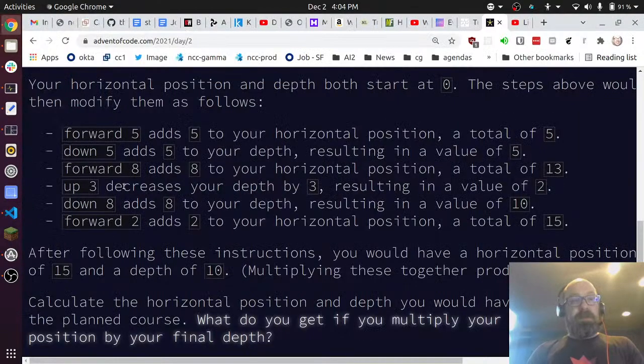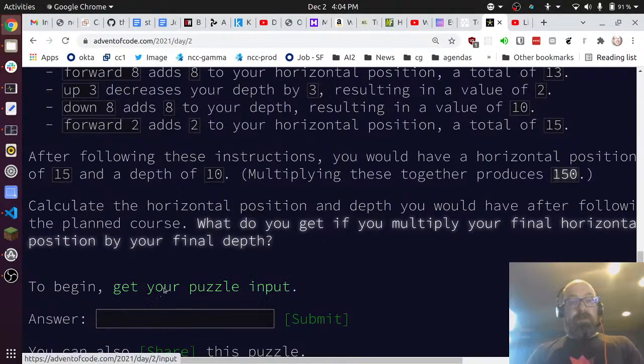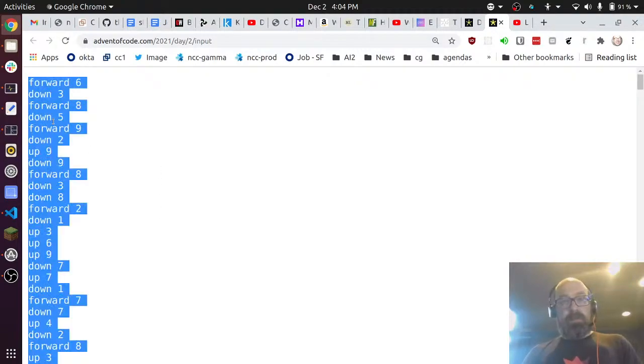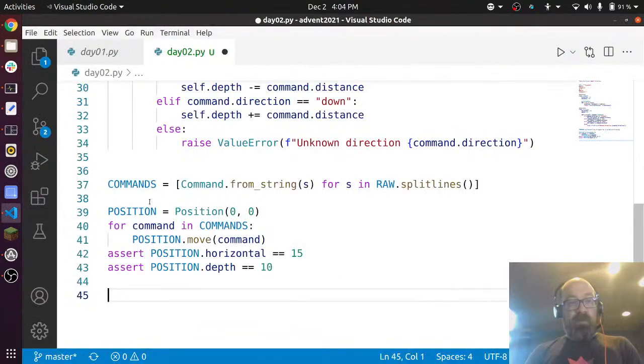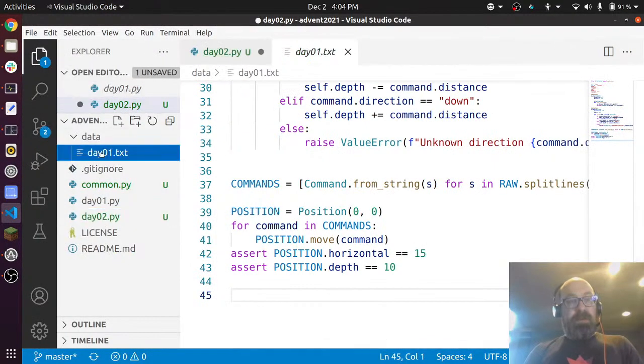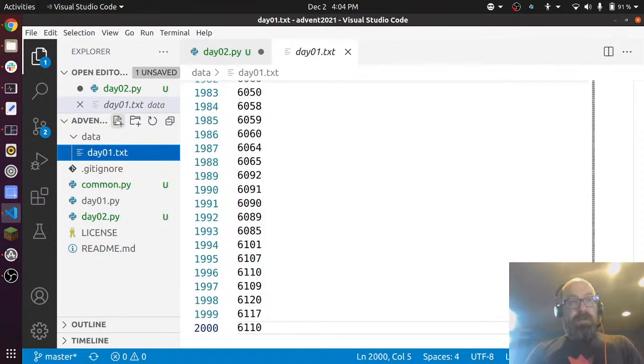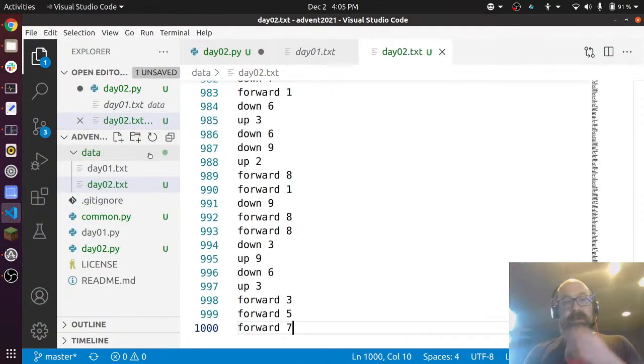So let us get the puzzle input, which is this. And I need to add day02.txt. Paste that and save it.